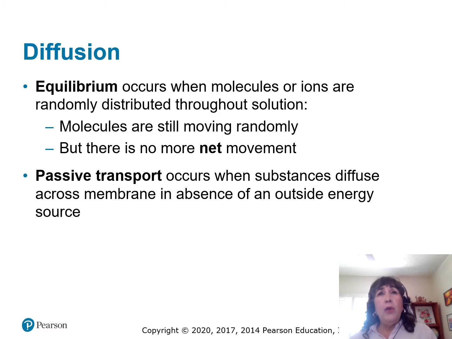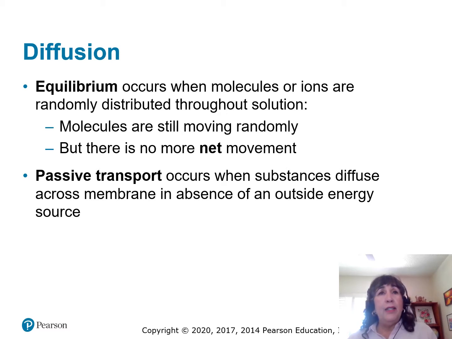So we hit equilibrium. Equilibrium occurs when molecules or ions are randomly distributed throughout a solution. I can think of several examples. You could drop blue dye in a glass of water, and at time zero you see a great big blue glob. But as time increases, isn't it true, the whole glass of water becomes a light blue. That means it's hit equilibrium.